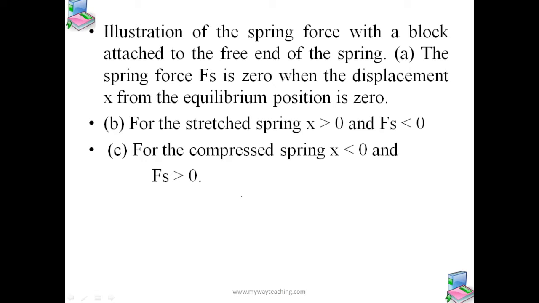So we define the potential energy of the spring to be zero when the block and spring system are in the equilibrium position. For an extension or compression x, the potential energy will be kx square by 2.